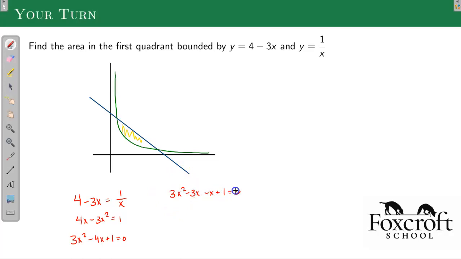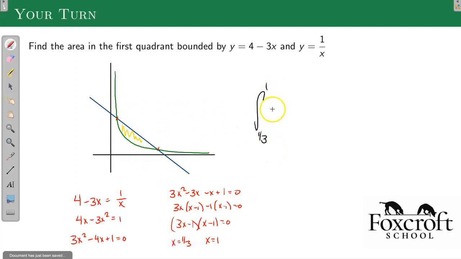I'm just trying to factor this now, as quickly as possible so I don't spend too much time. Alright, so if you break this down, you can do the quadratic formula too. You get x equals 1/3 would be where the first intersection happens, and 1 is where the second intersection happens. So our final integral, 1/3 to 1.